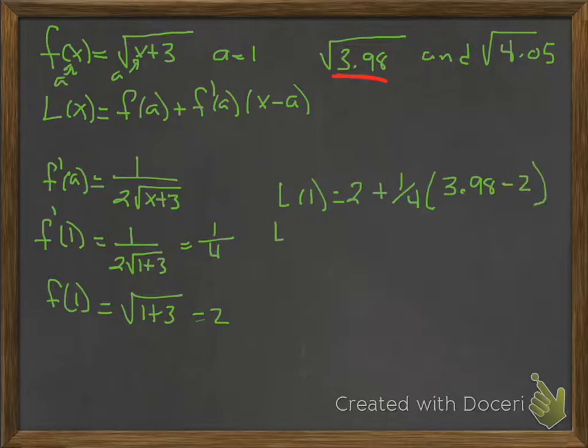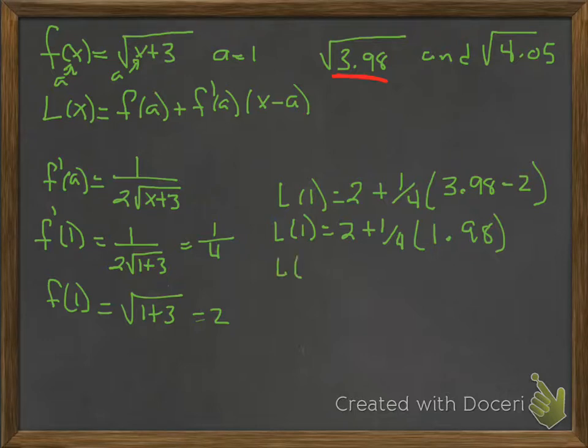So I really have L of 3.98 is equal to 2 plus 1/4 times 1.98. And from here I can make sure I get my math correct by doing 1/4 times 1.98.